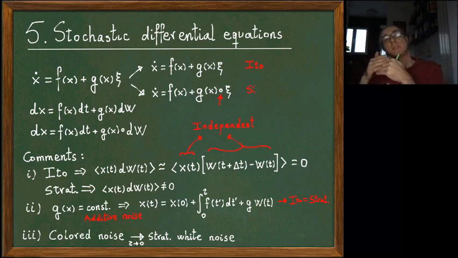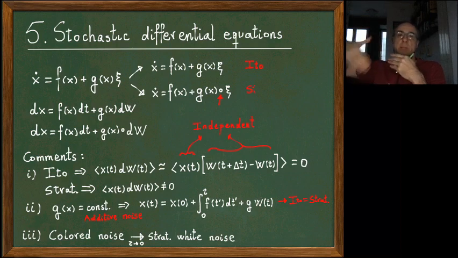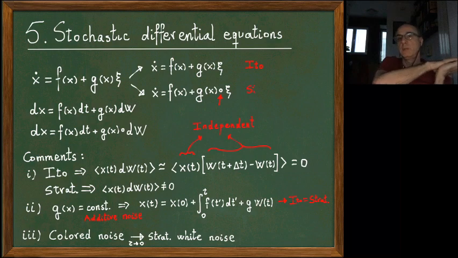So for systems with discrete time, you update the process x of t with noise depending on x of t in the last step. When you have a discrete time and you make a continuous limit, then usually Ito is the one that you get. We will see this tomorrow, but these are the three comments that I wanted to make.